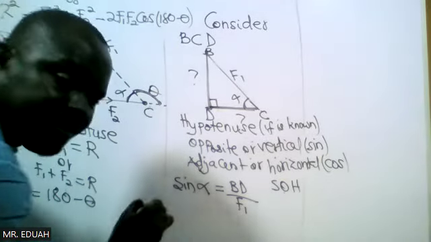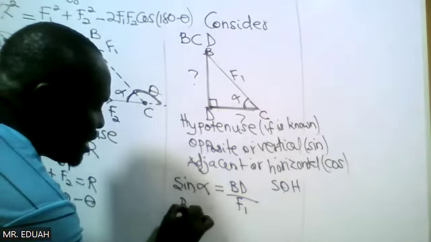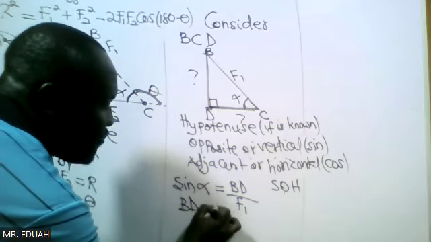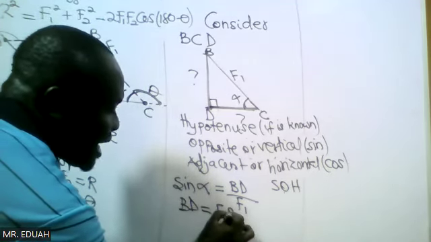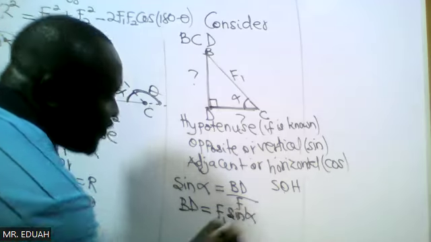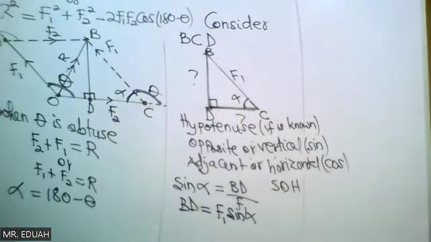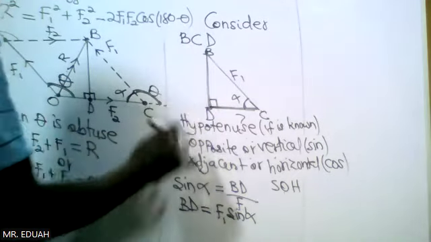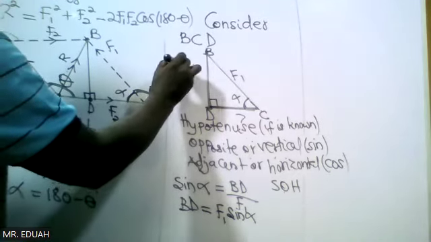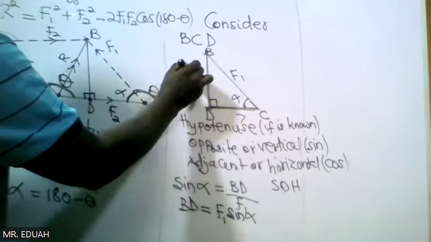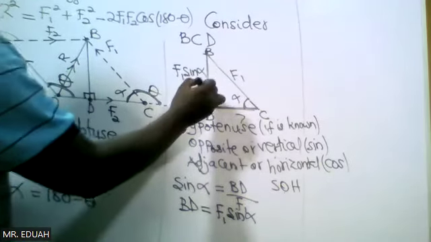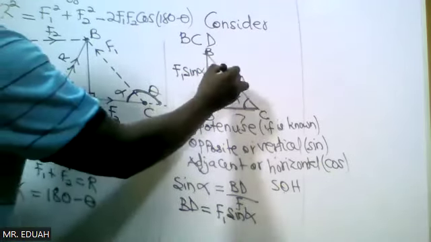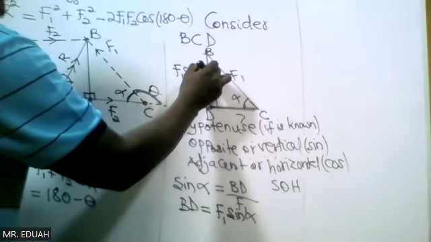Therefore BD is equal to F1 sine alpha. So this component, the vertical component or the opposite, is F1 sine alpha, and it will also point up.